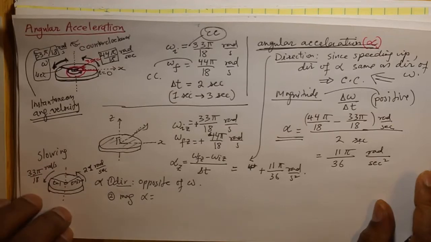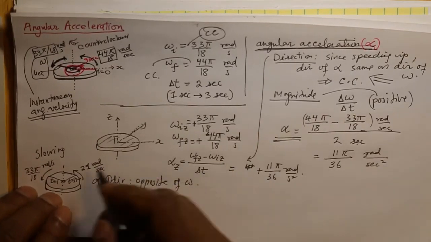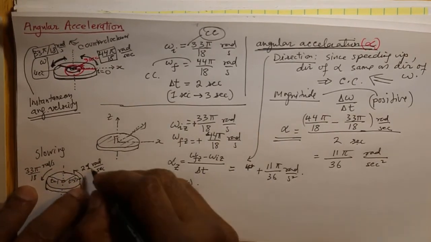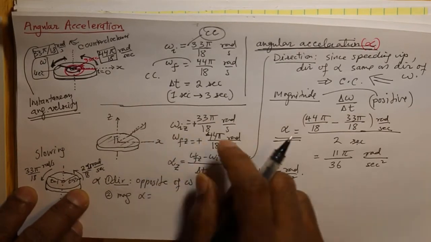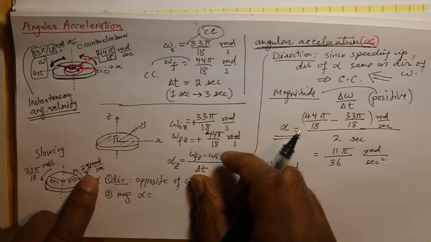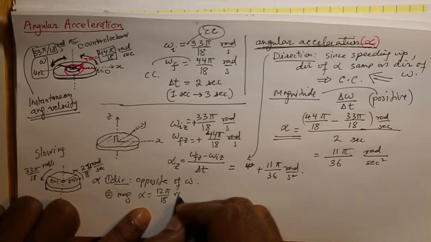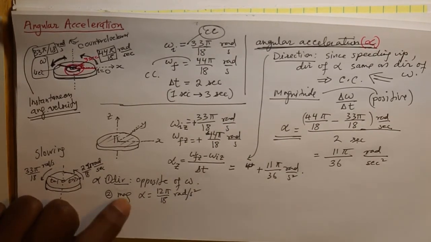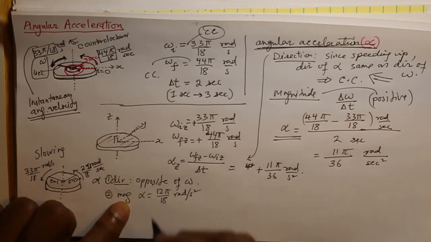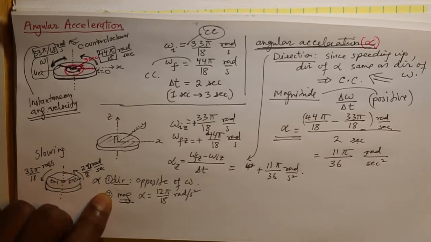So that will be 33 minus 21, 21 pi over 18. 33 minus 21 will be 12 over 18, 12 pi over 18 radian per second squared. I'll keep it positive because this is magnitude.